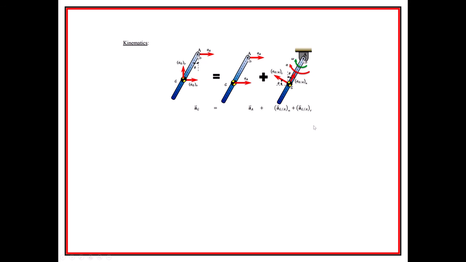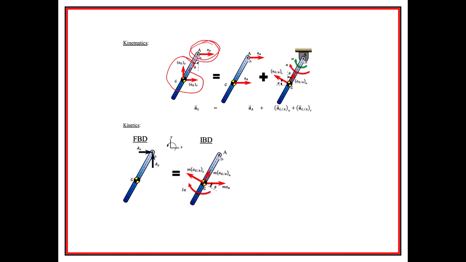So the secret to this is to write out the kinematics, right? So we want to know what the relationship is between the car's acceleration and the acceleration of the center of gravity of the door. Well, okay, so the secret to solving this is once you get this relationship set up, then set up the kinetics, but don't go to this right here.